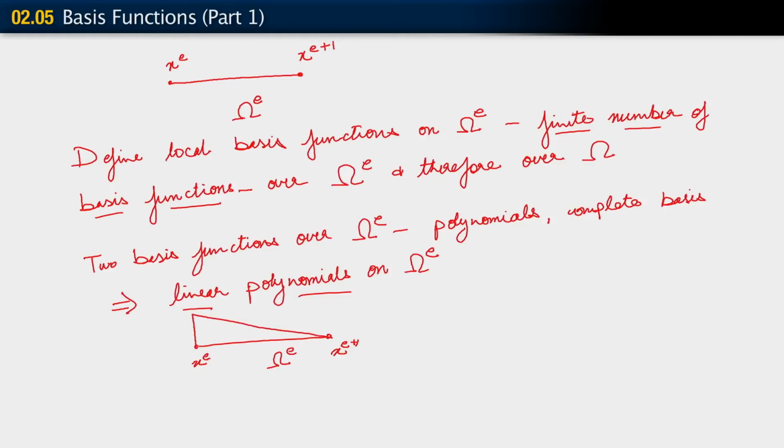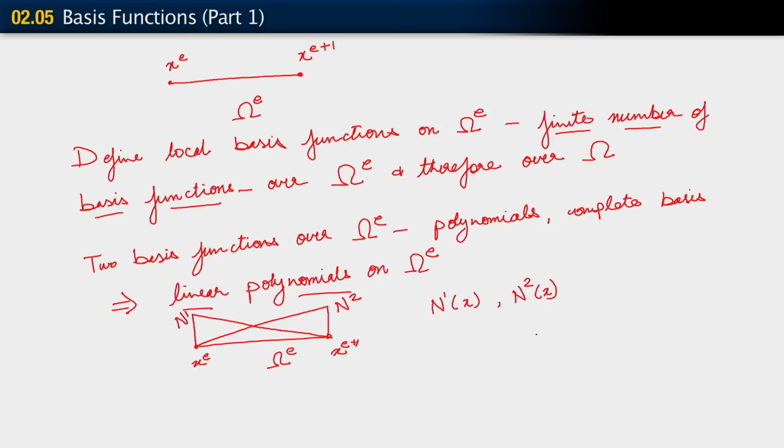That one and that one. This is N1 for obvious reasons. That we're going to call N2. So N1 is a function of position and N2 is also a function of position.